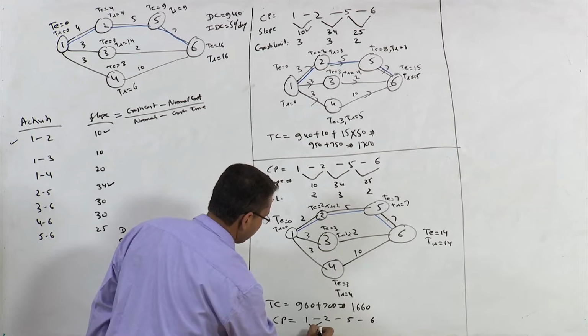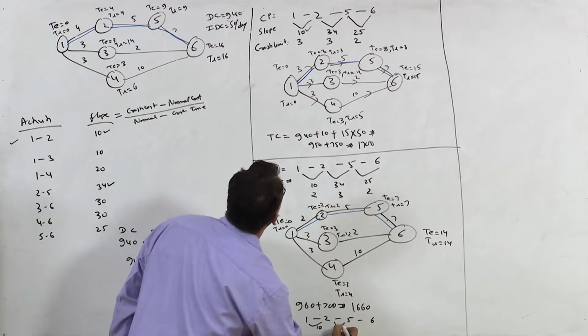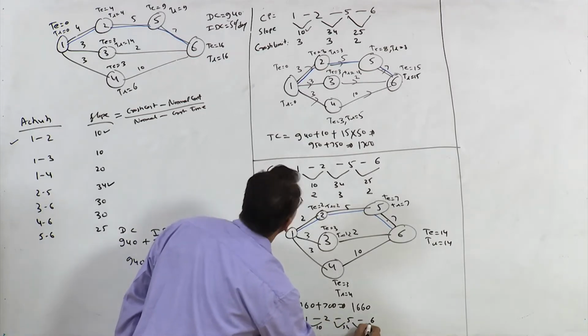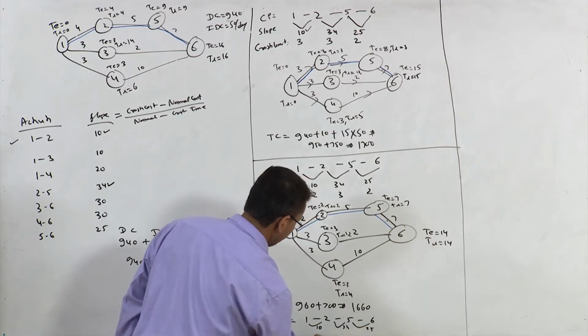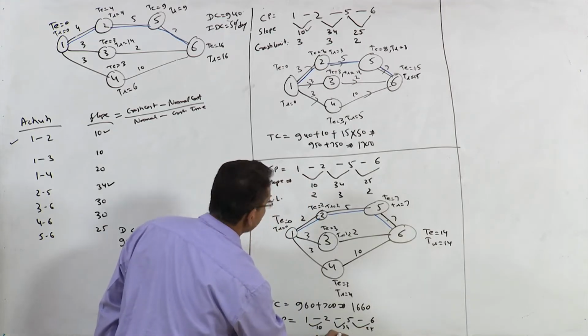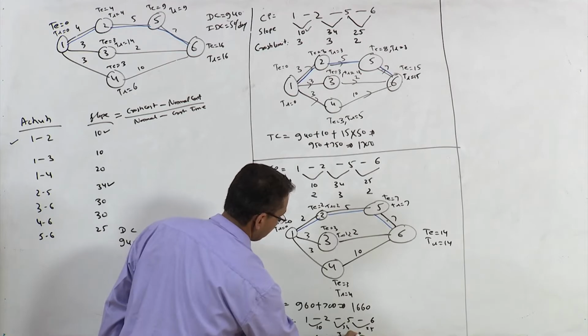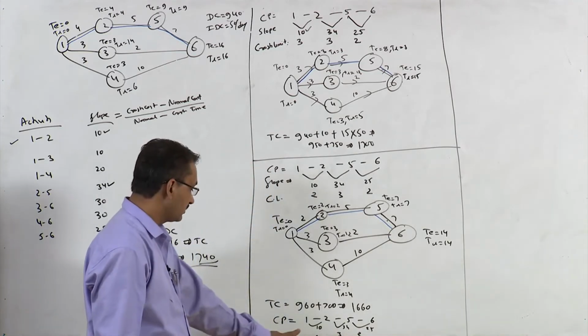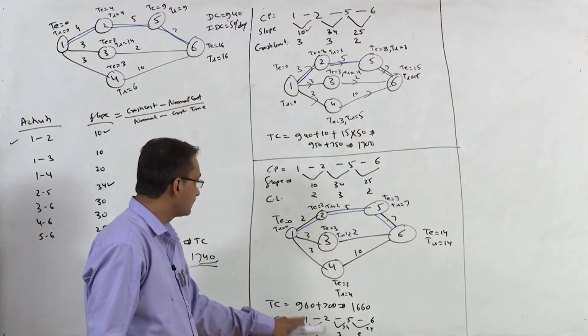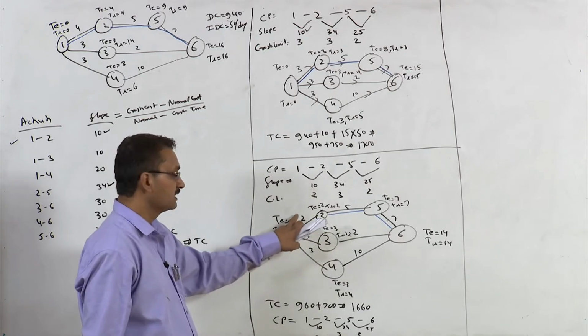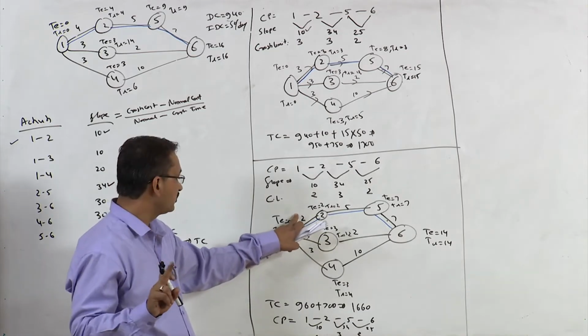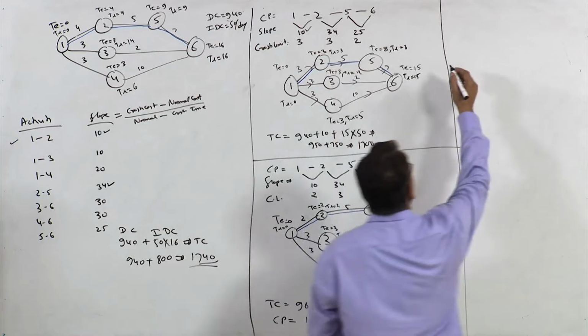The minimum slope is 10, then 34, then 25, and the crash limits are 1, 3 and 2. So I can make the duration of this activity now from 2 to 1.